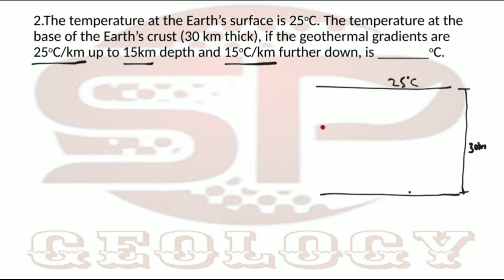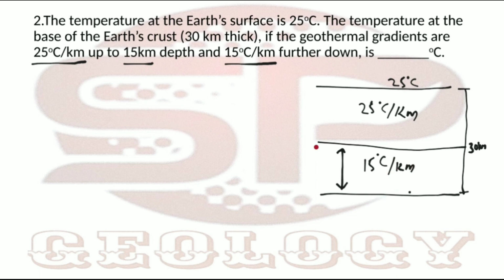Geothermal gradient is given up to 15 kilometer depth. It is given 25 degree centigrade per kilometer. Then the rest is given 15 degree centigrade per kilometer. First we have to calculate for 15 kilometer depth.